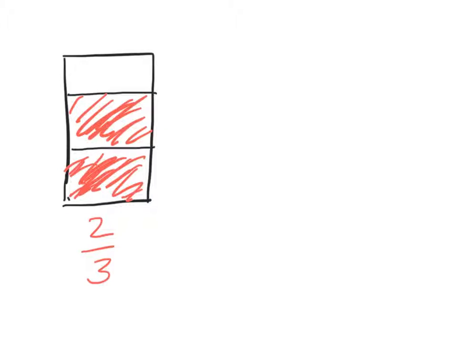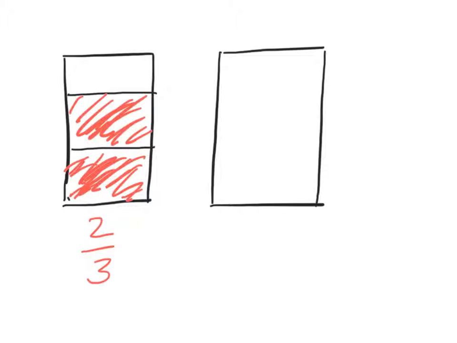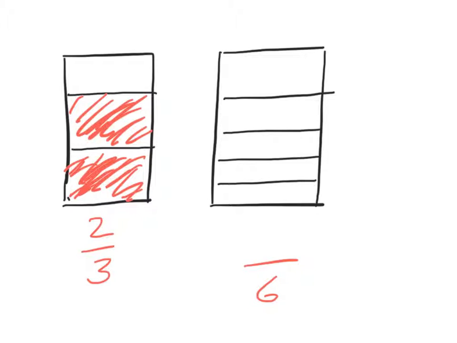Alright? And you'll also see, imagine we have a similar bar of chocolate, one that's exactly the same. And say we're going to divide it into sixths, right? So I put 6 at the bottom, because I'm going to divide into sixths. So we'll say there's 1, 2, 3, 4, 5, 6. Imagine they're equal, they're not quite.